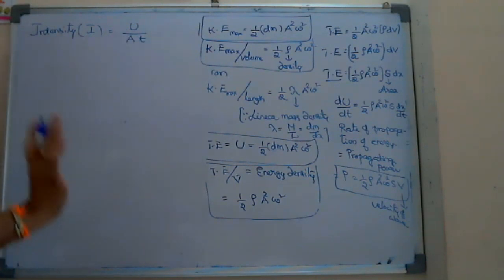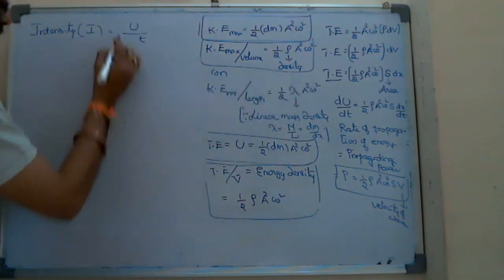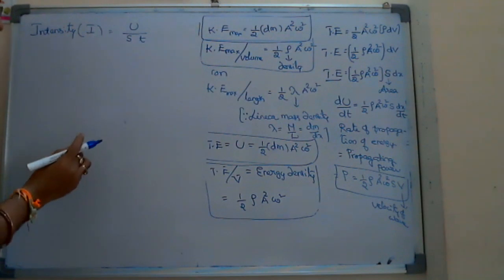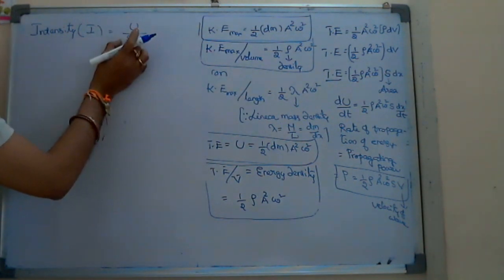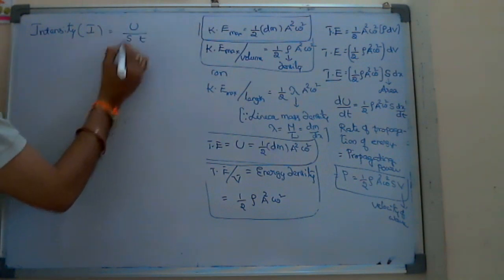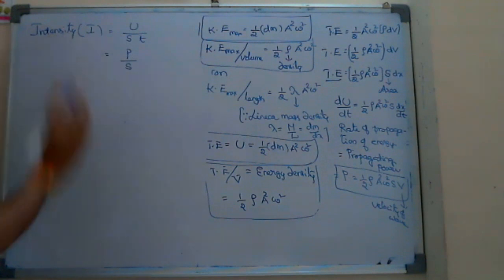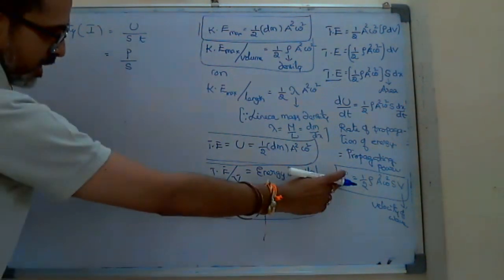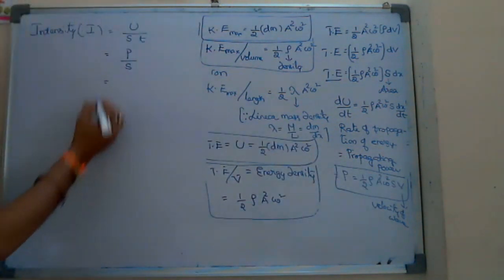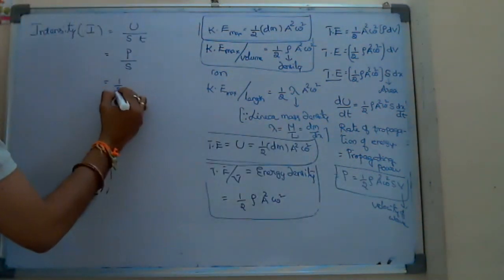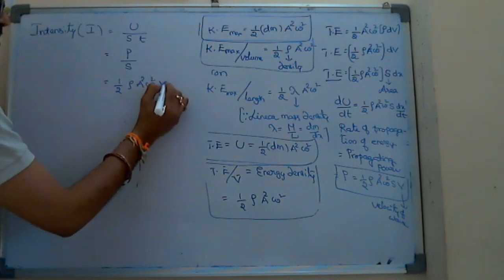Okay, this is the actual formula. Energy, where area I am representing with the letter S. So energy by time is nothing but power. Power by S gives intensity. Power I already calculated. By S, if I substitute it, then I will get half rho A square omega square V.